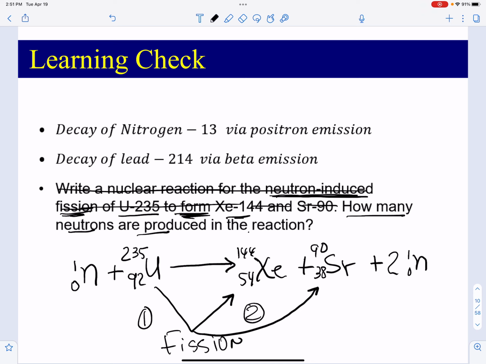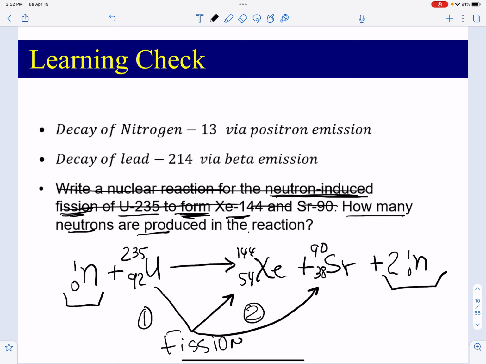And we use 1 neutron to split it, but in the process, it produced 2 neutrons. So imagine if we have millions and millions and millions of atoms of uranium-235, and every time I use a neutron, 2 neutrons are produced, and each one of those neutrons attacks a uranium-235, and each one of them produces 2 more.